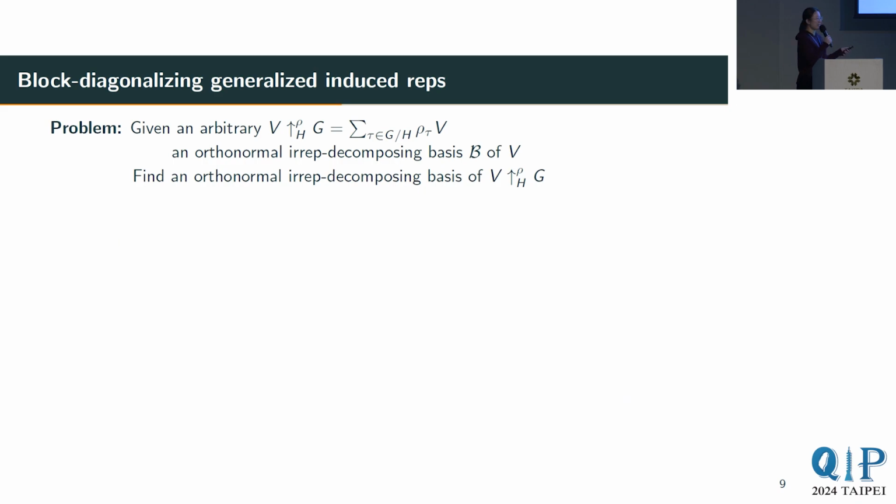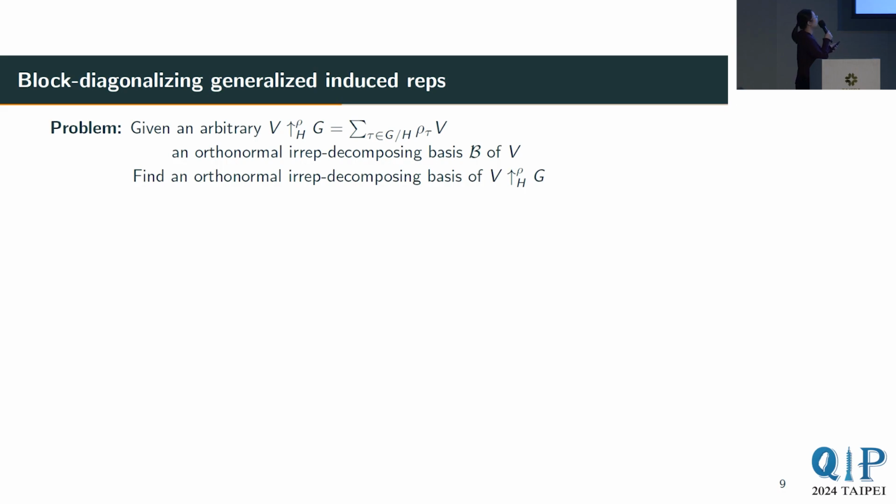Okay, so as my collaborator Cindy has told us, we are motivated to find an algorithm to reduce the generalized induced representations into E-reps to capture the symmetry of port-based teleportation. And to do this, we found a completely general algorithm. And our problem statement is as follows.